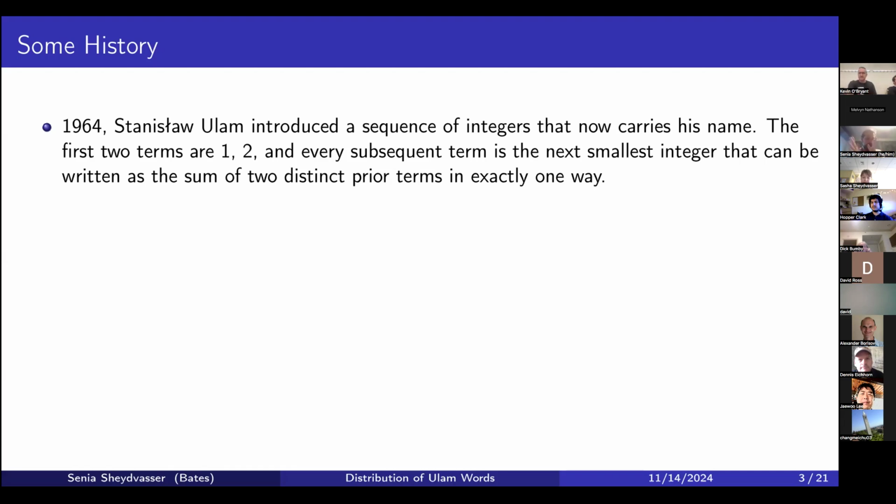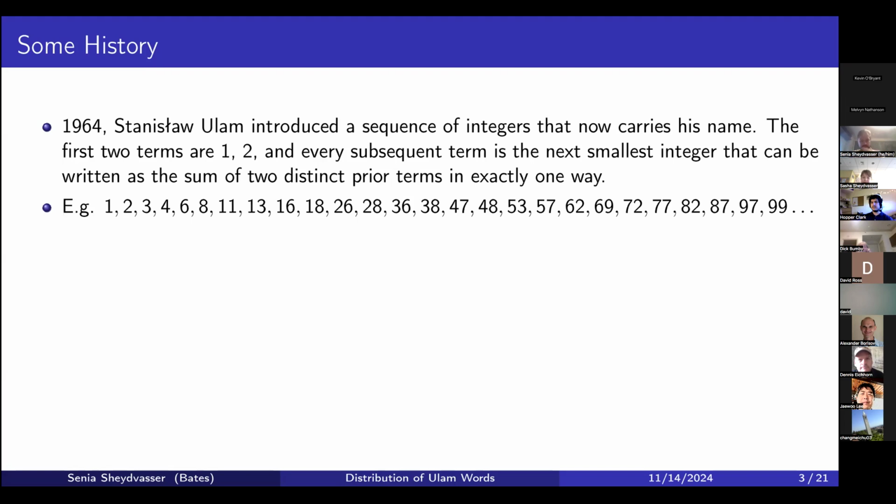He defined it as follows: define the first two terms to be 1 and 2, and every subsequent term should be the next smallest integer that can be written as the sum of two distinct prior terms in exactly one way. Okay. So here's the first few terms.